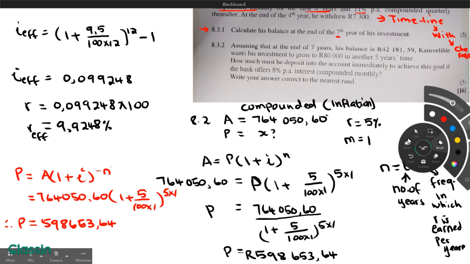Kamvile wants his investment to grow to 80,000 in another 5 years' time. So it means that he's increasing his period of investment to 5 years. How much must he deposit in the account immediately to achieve this goal if the bank offers 8% per annum compounded monthly? Write your answer to the nearest rand.